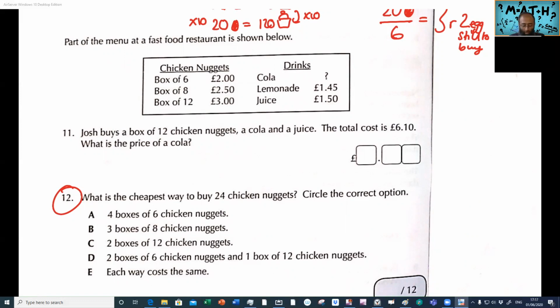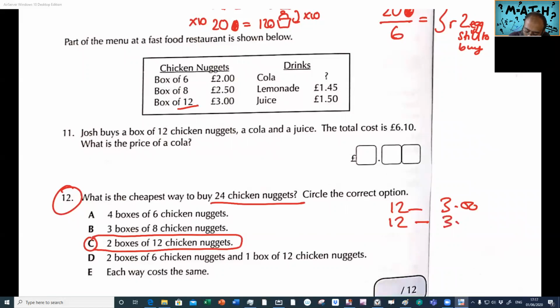Okay, Samir? What is the cheapest way to buy 24 chicken nuggets? Circle the correct options. So what did you get for that one, Aisha? I got A. The answer is C. Let's see why it is C. If you buy 12, that'll be £3. If you buy another 12, that'll be another £3.